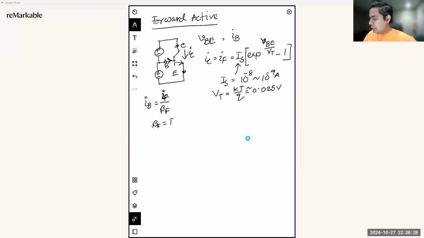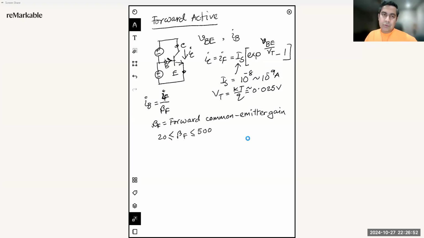It's called the forward common emitter gain. And usually this value is somewhere between 20 to 500.